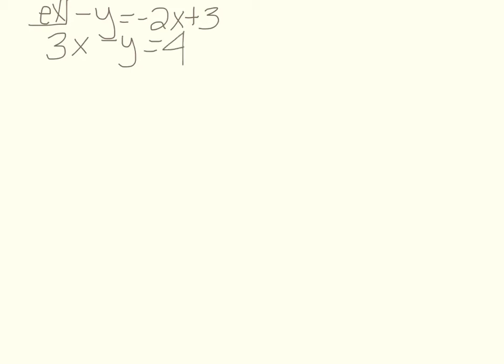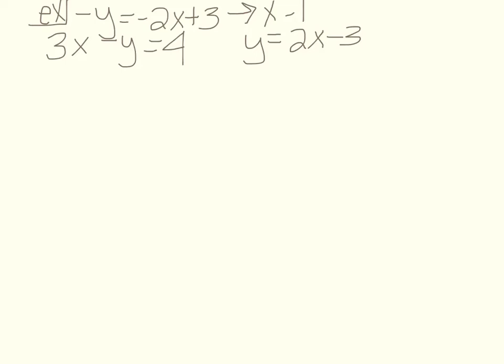That top equation almost has y by itself, but unfortunately, there's a negative sign in front. We've learned how we can easily get rid of negative signs simply by multiplying or dividing the entire thing by negative 1. So I'm going to multiply the entire thing by negative 1. If I do that, I get positive y is equal to positive 2x minus 3.